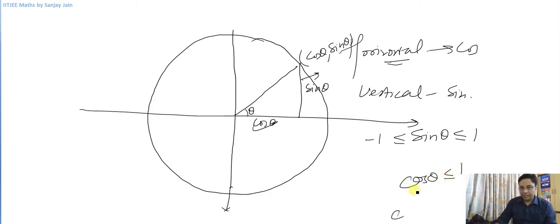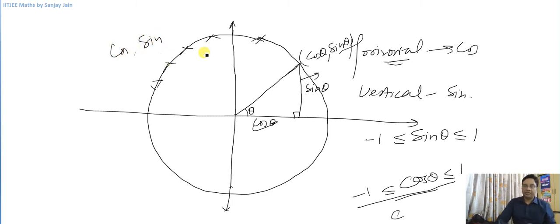Cos of an angle is also between minus 1 and 1. Alright. Another thing that we can see here is that coordinates of each and every point on this circle are cos and sine of some angle.